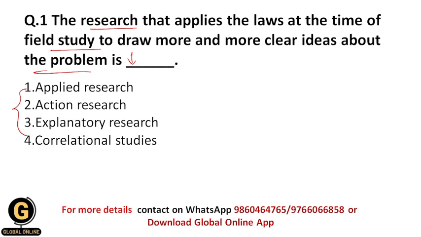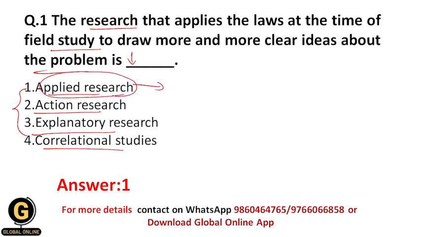Whether it is applied research, action research, explanatory research, or correlational studies. The correct answer is applied research, because applied research is the type of research in which we solve immediate problems, but apart from that we apply the laws, or the existing theory or principles, to our problem.